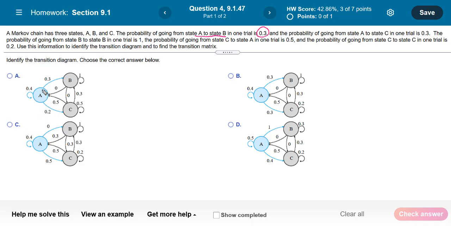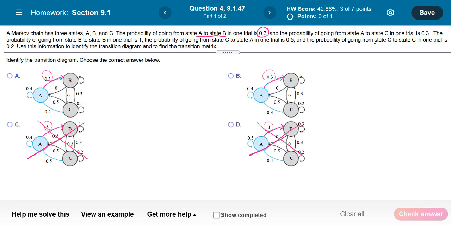So here, on the first choice, is A to B, and it is indeed a 0.3. On the B choice, here is A to B, and it is indeed a 0.3. On the C choice, here is A to B, and it's a 0. We can eliminate that. On the D choice, here is A to B, which is a 1, and we can eliminate that. So we've got it narrowed down to the top 2.